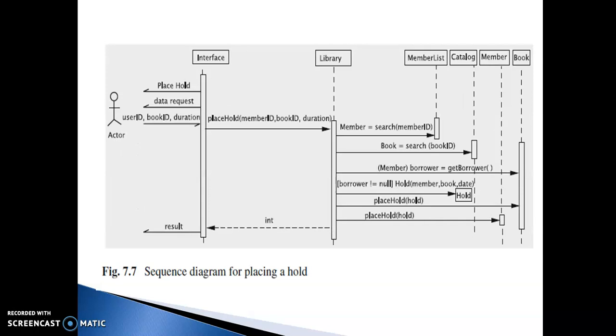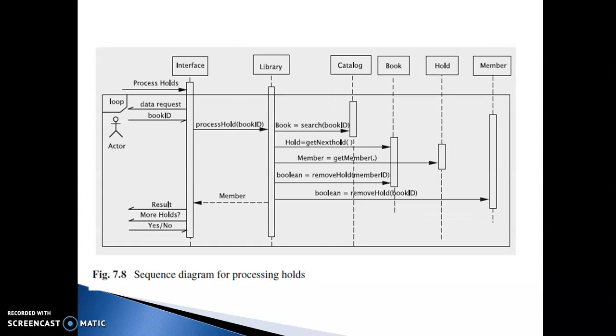Sequence diagram for placing a hold on a book. So this is important, and placing a hold is something which you are probably not aware of, because when the time comes up you need to go, and yes, you'll be renewing the book, so you might not have come across placing a hold on a book. And sequence diagram for processing the hold.